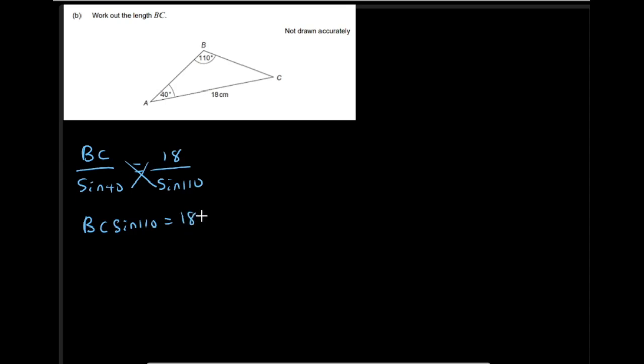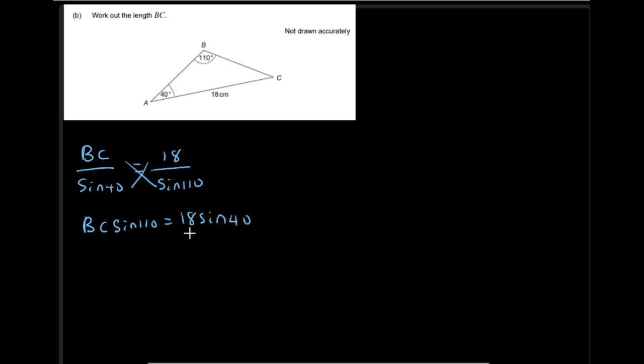So we're going to have BC over sine 40 equals 18 over sine 110. If we cross multiply, we have BC sine 110 equals 18 sine 40.